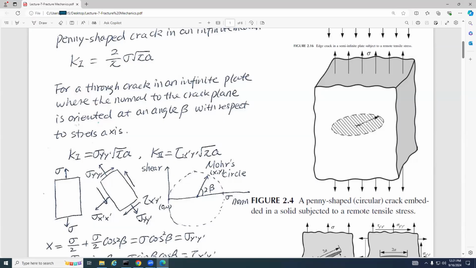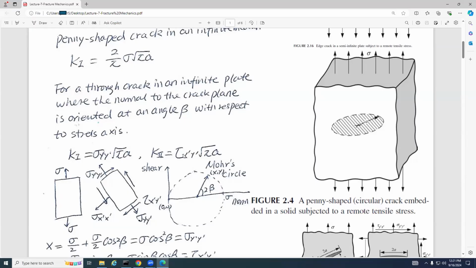Because for the mode 1 opening, only the vertical components make sense, right? However, for the tangential one, that is mode 2, sliding.